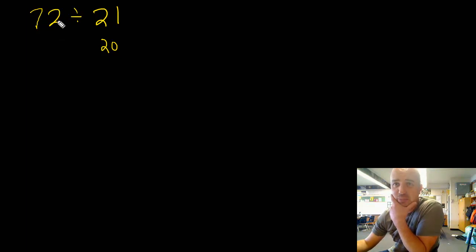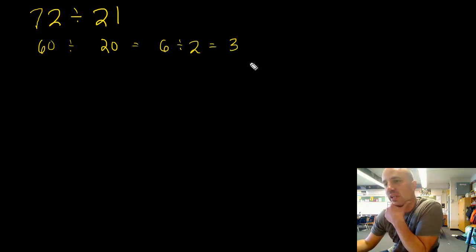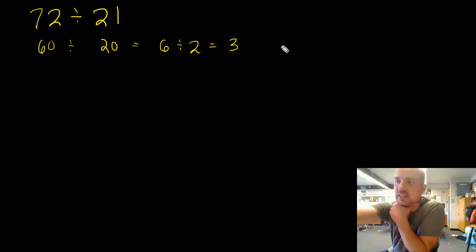I could do 80, but 80 would be too big, and we want to go low when we do this. So let's drop it down to 60. And if I have that, I can simplify that to 6 divided by 2, and I get an estimated quotient of 3. My estimated answer for this is 3.